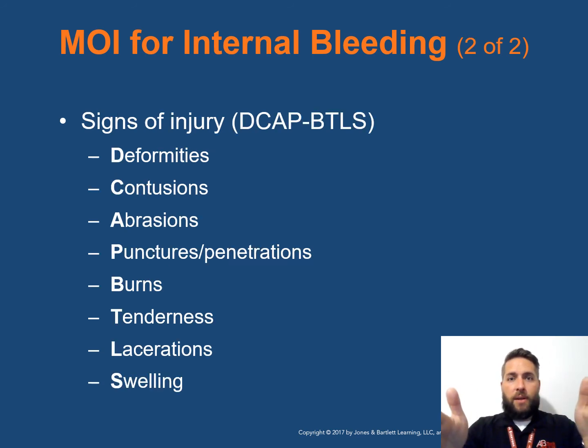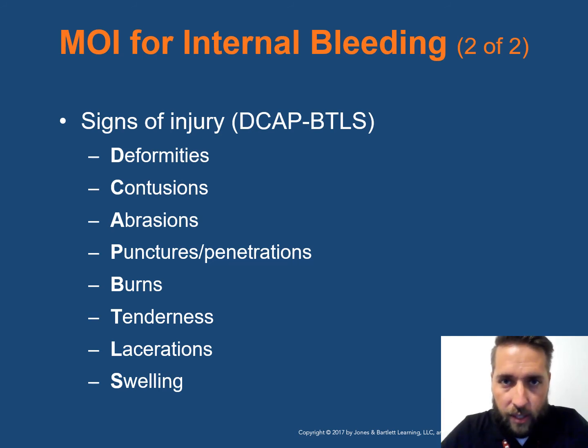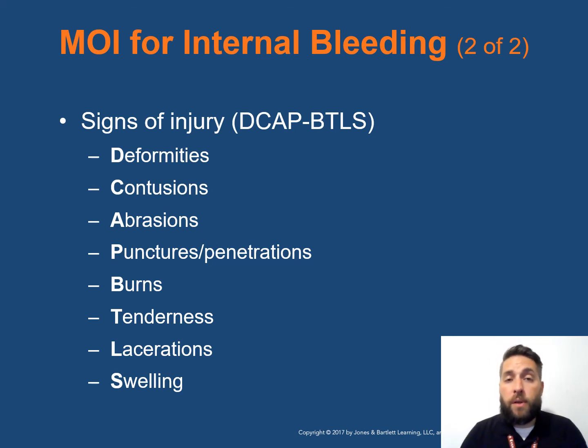There's the acronym. Pause the slide here and record this, okay? Make sure you know this one, because I assure you, when we start going through all of these scenarios, you are going to have to know each and every one of these. So DCAP-BTLS: deformities, contusions, abrasions, punctures, burns, tenderness, lacerations, and swelling.